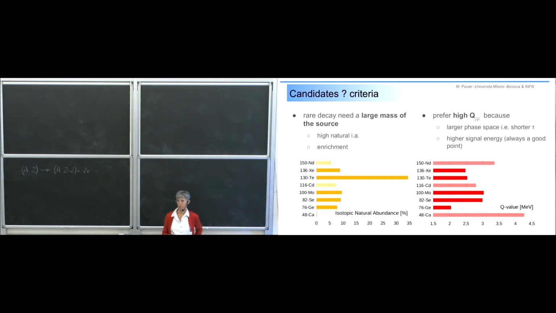What is the problem of enrichment? There are two problems, you can guess. Cost is a huge problem. Any other?